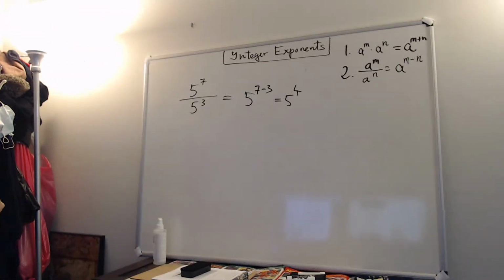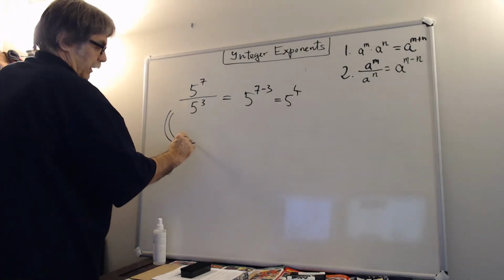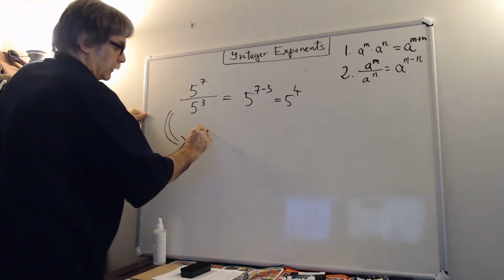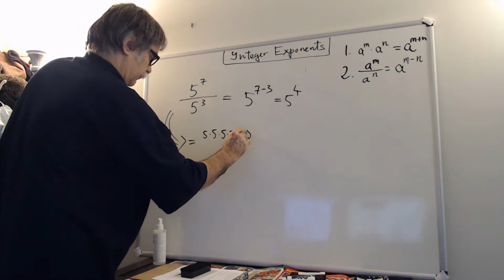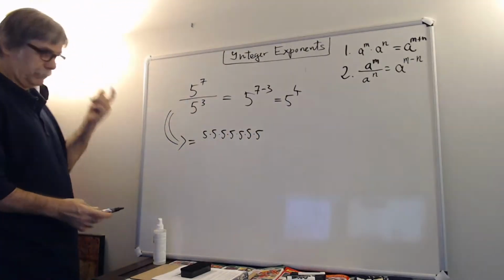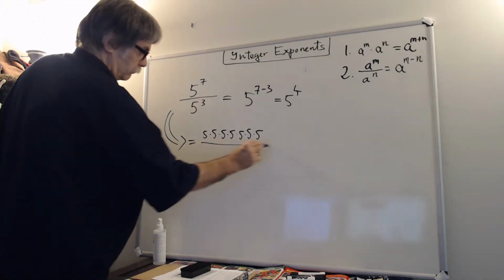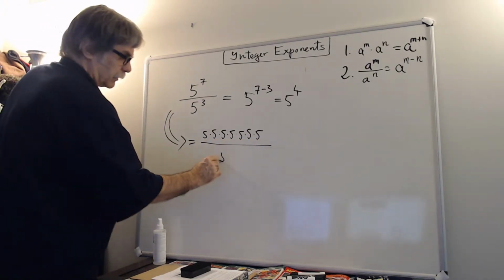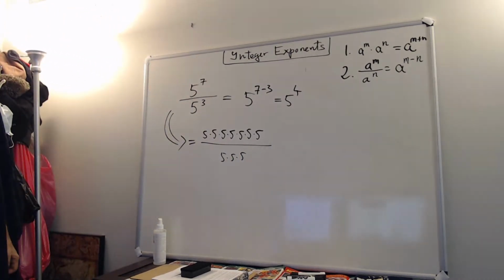Okay? Now, if you want to see the reason for that, you have 5 times 5 times 5 times 5 times 5 times 5 times 5 on the top, 7 of them: 1, 2, 3, 4, 5, 6, 7. And on the bottom, you have 3 of them: 5 times 5 times 5.